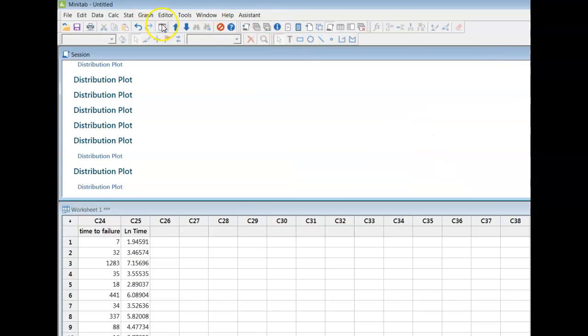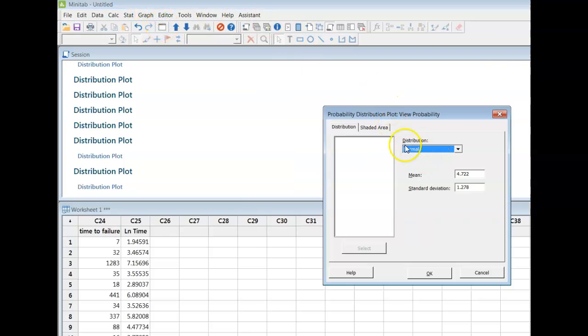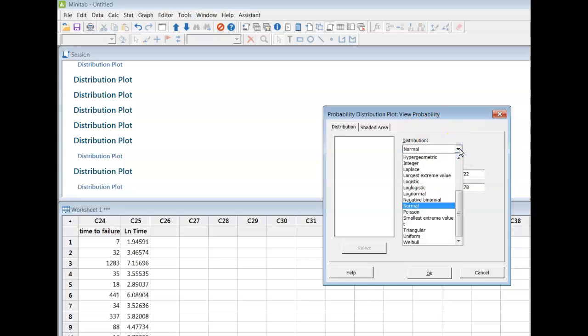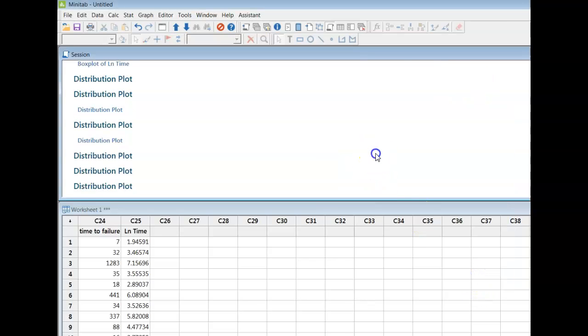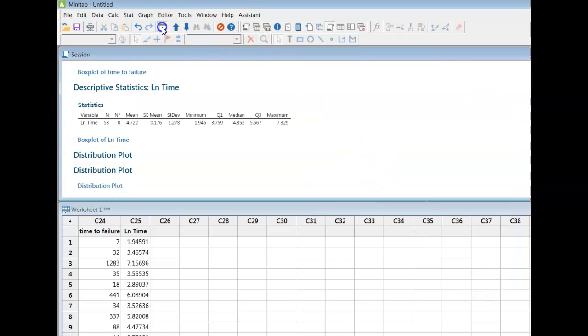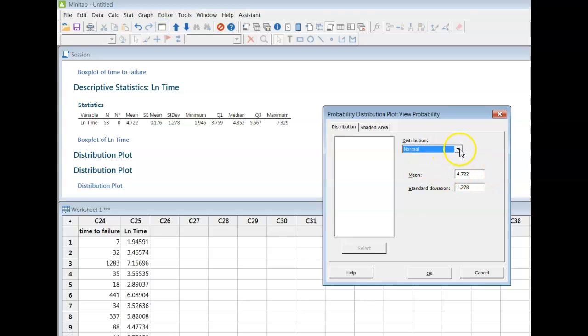Now, another way I could have done this, coming back into this probability distribution plot, you can choose different distributions, and there is a log normal distribution here, but you still have to input the mean and the standard deviation. Okay, hitting my last dialog box, I'm using the log normal.